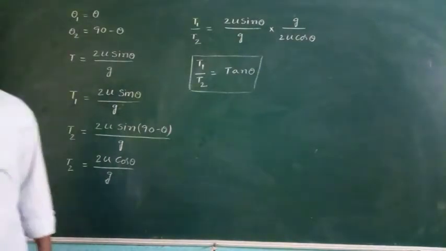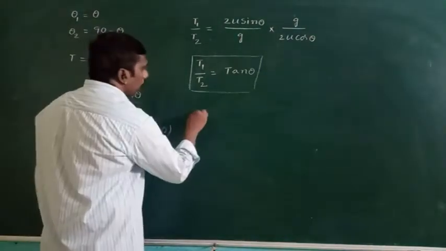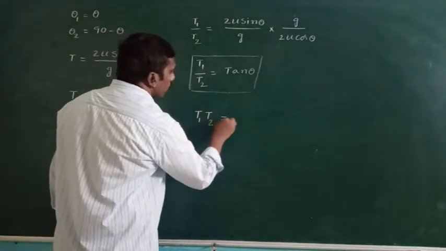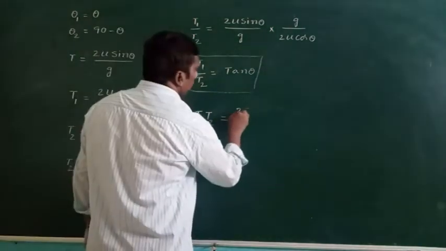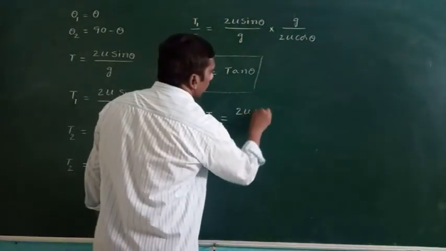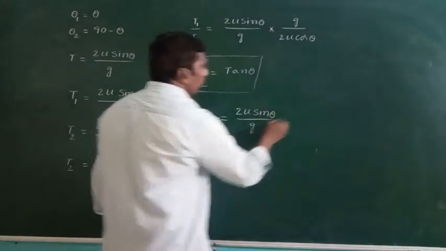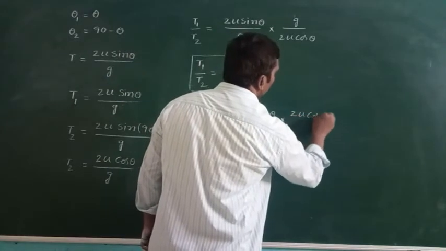And similarly, if you multiply the time of flights of two bodies, T1 into T2, that is equal to 2u sin theta by g into 2u cos theta by g.